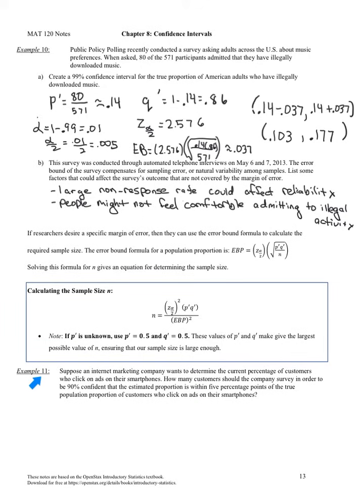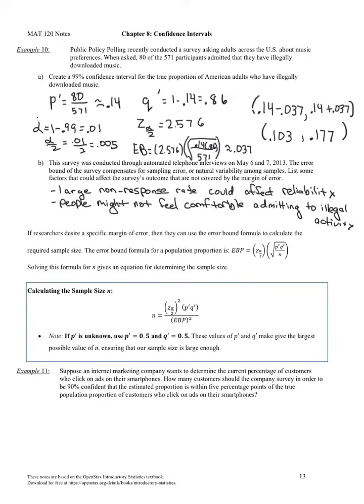Let's look at example 11. Suppose an internet marketing company wants to determine the current percentage of customers who click on ads on their smartphones. How many customers should the company survey in order to be 90% confident that the proportion is within 5 percentage points of the true population proportion of customers who click on the ads? So in this case, we're looking for a specific sample size.